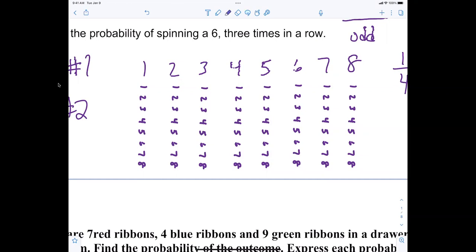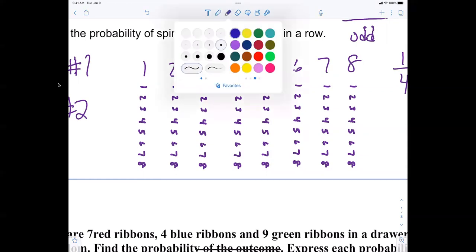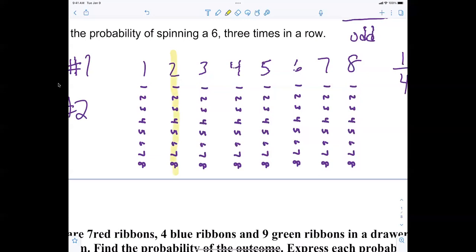All right. Now, we want the first spin to be a what? 3 or 6. Odd. Thank you. We want the first one to be an odd. So that means what's going to happen to all of these right here? What about these? What about these? And what about these? All of those are what?